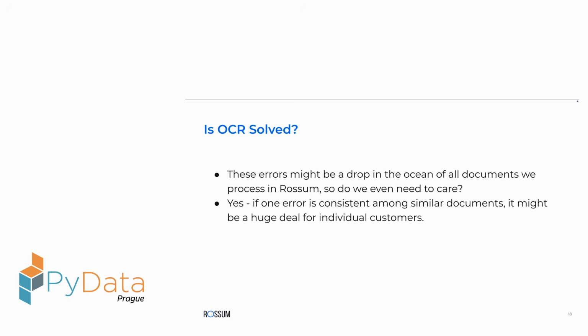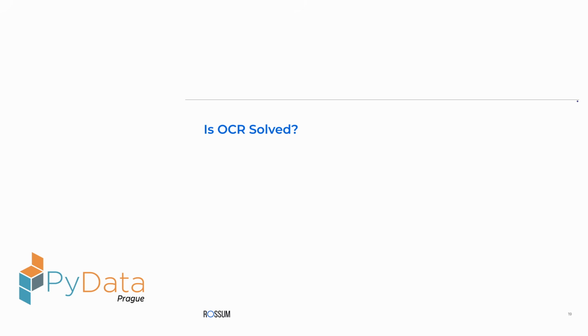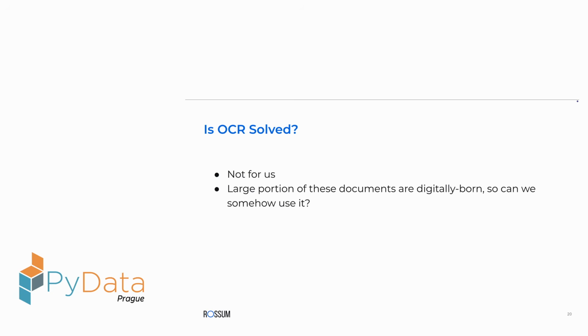But unfortunately, we really need to care, because even though these issues are rare in general, there might be customers who process one type of document, and that error is always present there. So that's bad for them, and so they care, so we should care too. So the answer to the question of whether OCR is solved is: not for us yet, unfortunately.